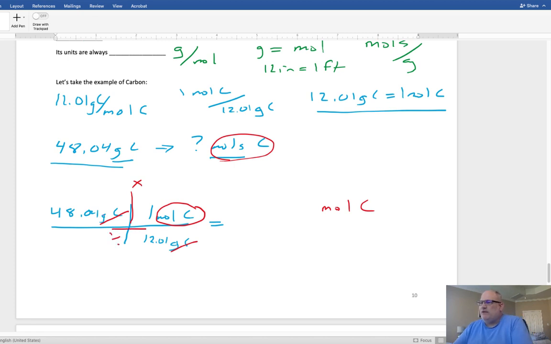So I'm going to take 48.04 times 1, and then divide it by 12.01. And when I do that, I'm going to get 4.000 moles of carbon. In this particular problem, I gave you 4 significant figures to start with, so I have to have 4 significant figures in my answer. That kind of makes sense?